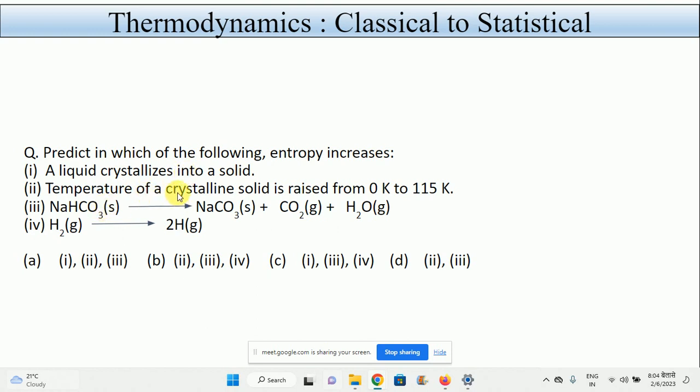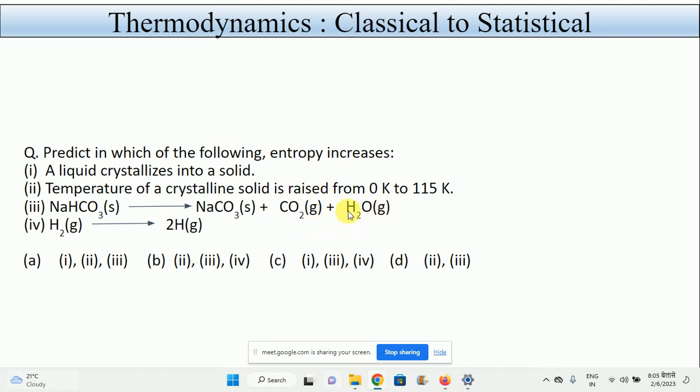Temperature of a crystalline solid is raised from 0 Kelvin to 115 Kelvin. So a crystalline solid is being heated from 0 Kelvin to 115 Kelvin. By heating, the randomness increases. So here delta S will be greater than 0. Then this is the reaction where we are converting 1 mole of solid into 1 mole of solid and 2 mole of gas.